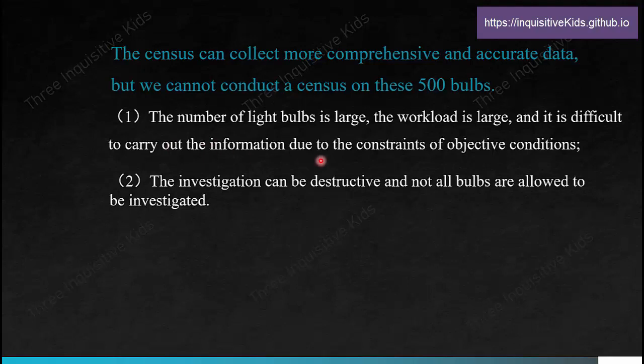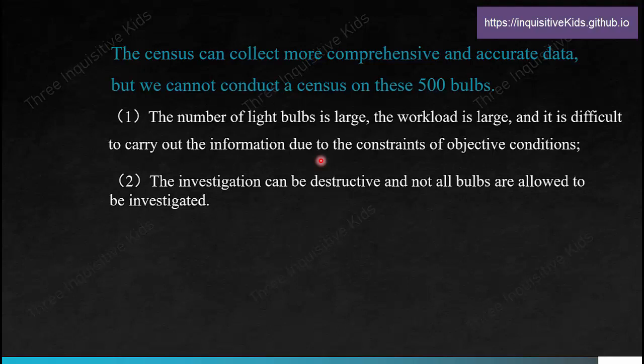So, if the number of light bulbs is large, the workload is large, and it is difficult to carry out the investigation due to the constraints of objective conditions. There are too many bulbs, we cannot survey each of them.